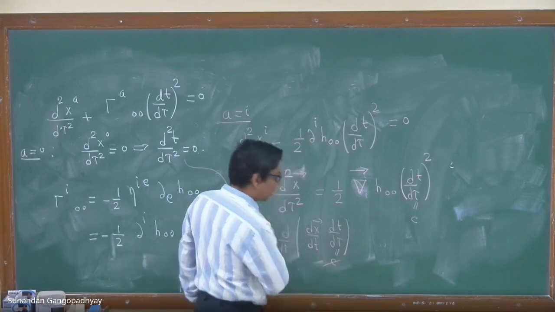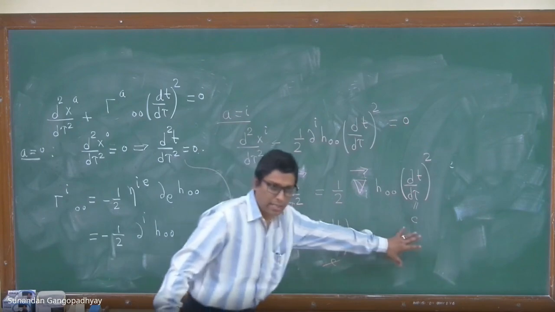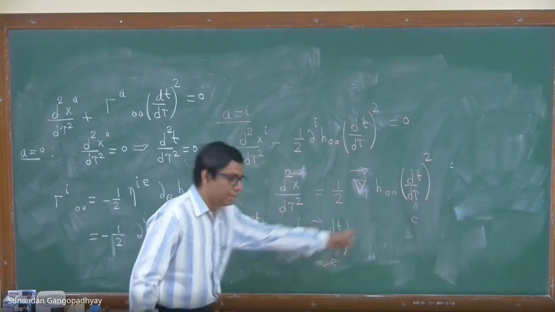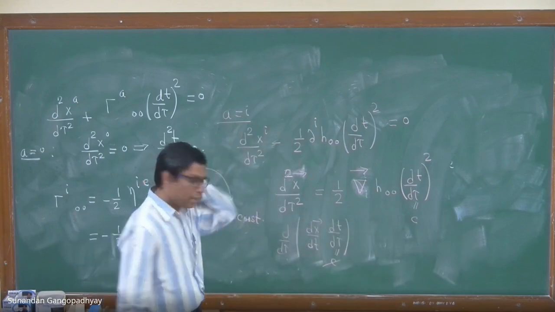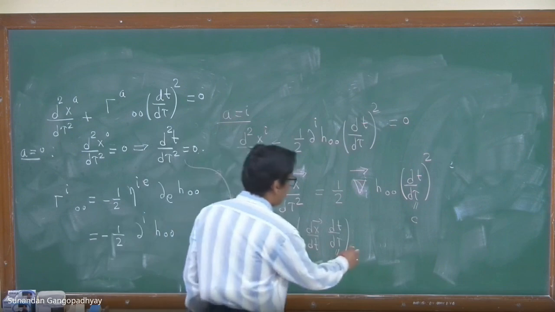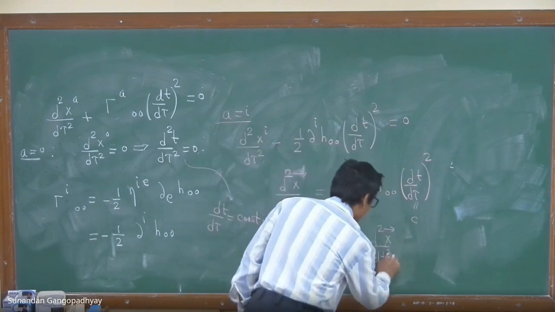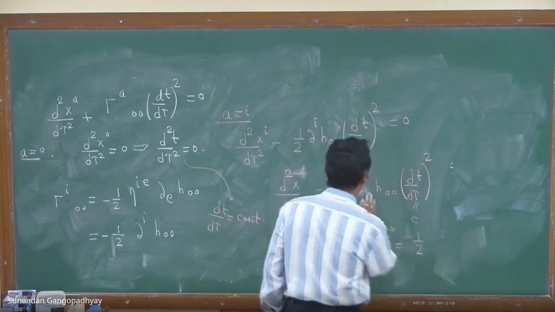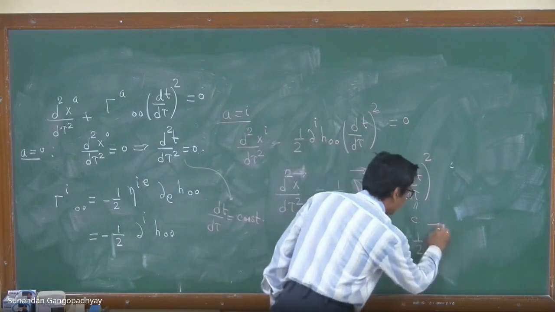So one constant cancels with c square, and you only have a single constant on that side. The other d d tau is again dt d tau, again a constant, so all constants cancel. Ultimately what we have is d2x vector dt 2 equal to half, with the gradient.